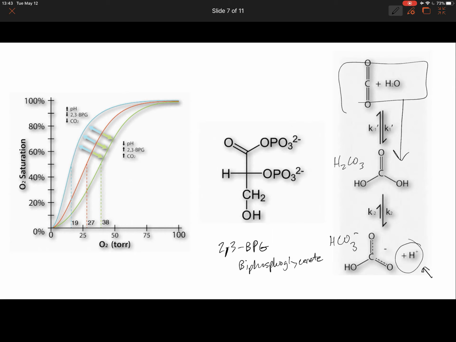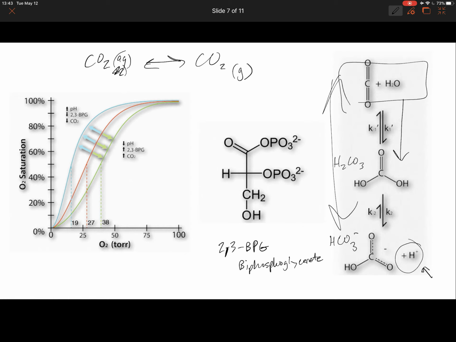Your book goes into a little more detail as well, about how all of these different forms of CO2, aqueous and gas, are in equilibrium with each other, and that as we breathe out CO2 gas from the lungs, the concentration becomes low, and so that shifts a lot of these equilibrium reactions back and forth.